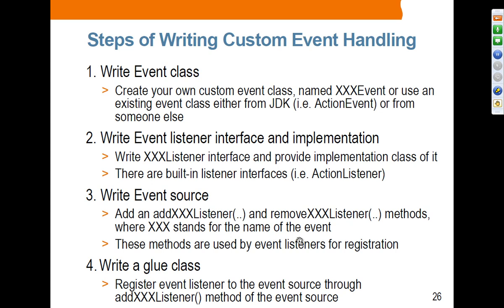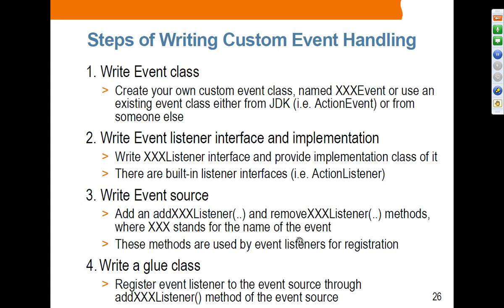Okay, and then you are going to write the event source. The event source, as I said before, has to have registration and unregistration methods that are going to be used by the event listener to register, right? So you have to add add xxx listener and remove xxx listener methods to your event source bean.